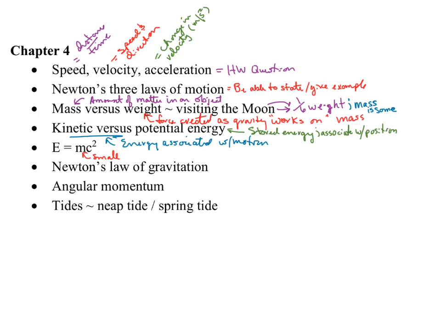And then the whole E equals mc squared. In that little Einstein equation, the m is mass, and c is the speed of light, and it's very big. C is the speed of light.